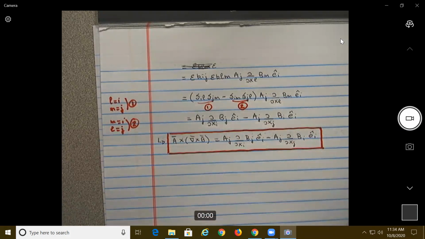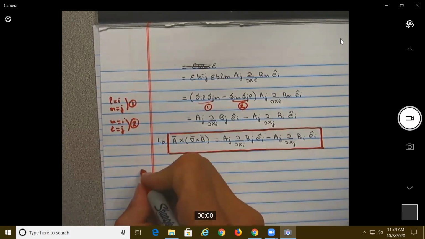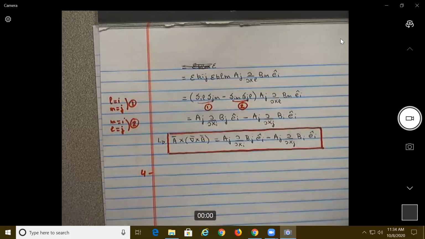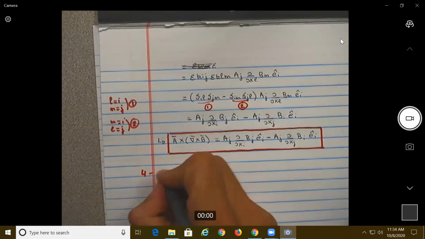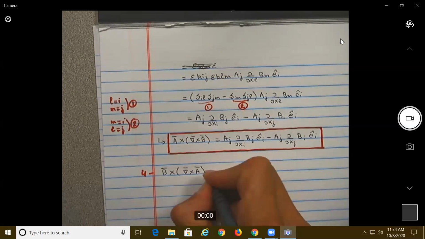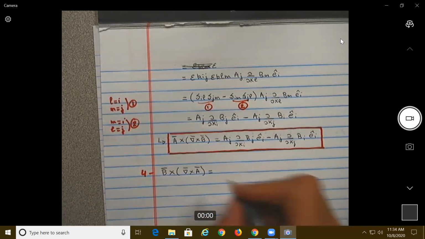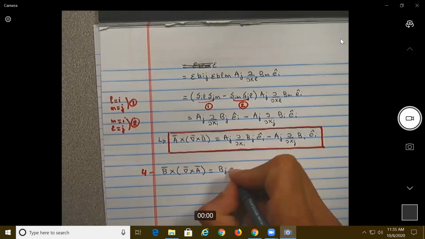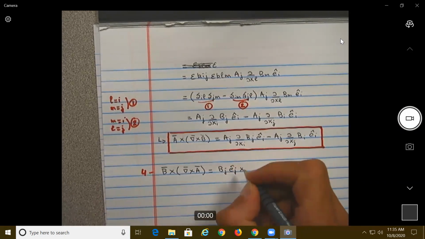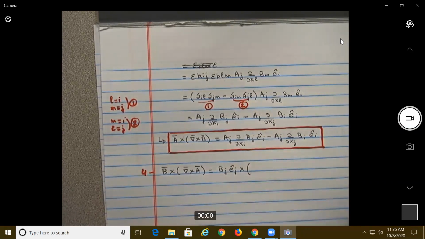Okay, and for the last term, we do something similar. So the last term is B cross del cross A. Okay, so similarly on that one, I'll rewrite it as B sub J E of J cross, what did I use before on the previous one?